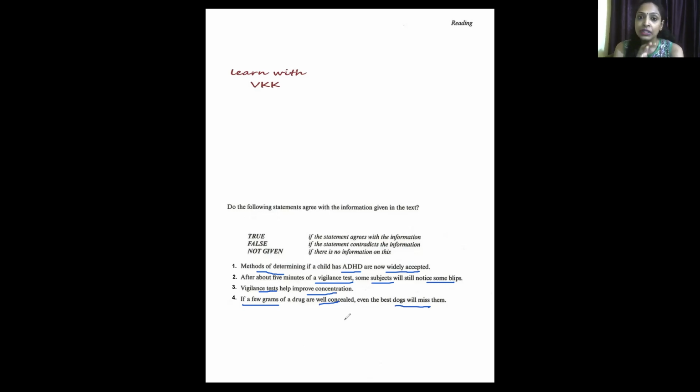So the writer talks something about this acronym which has been used, ADHD. We have to look for it. And we have to find that methods of determining if somebody has ADHD, is that widely accepted? That's all. So now to find this, I'm going back to the passage. Here we go.